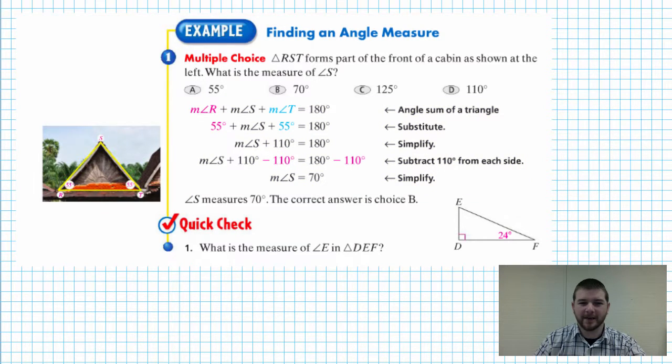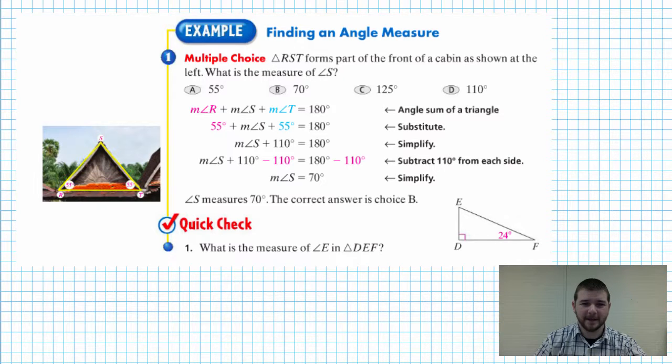That's by our interior angle sum property that we've discussed. So substitute in the two measurements we know, 55 degrees and 55 degrees, into the formula, and we get that 55 degrees plus the measure of angle S plus 55 degrees equals 180 degrees. Combining like terms, we find then that the measure of angle S plus 110 degrees equals 180 degrees.